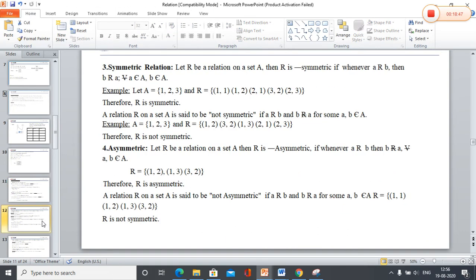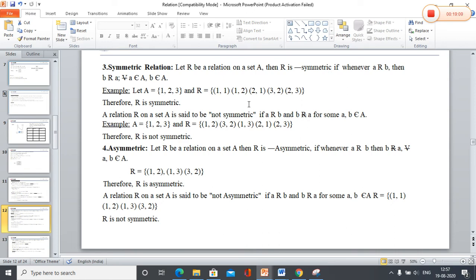Now the next is symmetric relation. Symmetric means when a is related to b, then b should also be related to a. Means if (a, b) is there, (b, a) should also be there. So if (1, 1) is there, the reverse of (1, 1) is (1, 1) only.